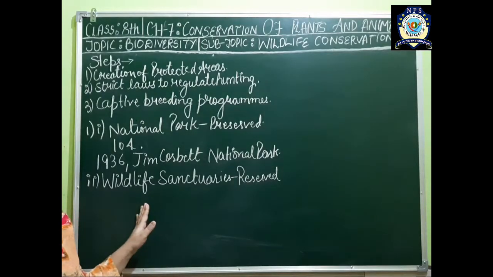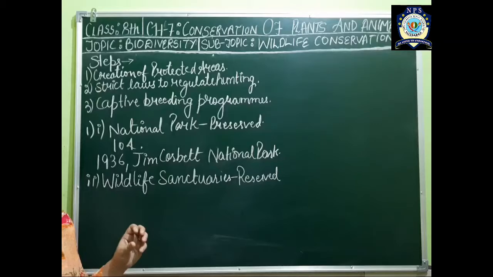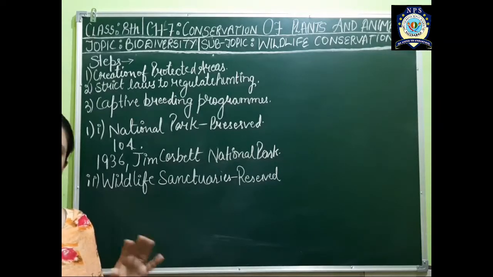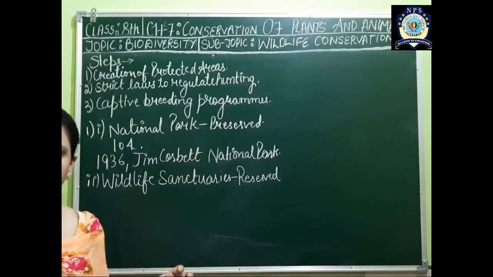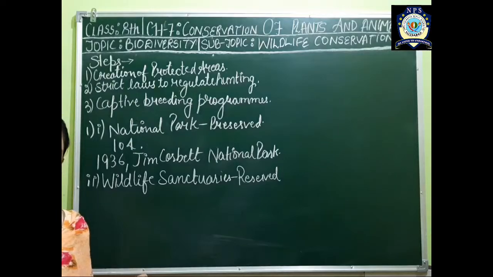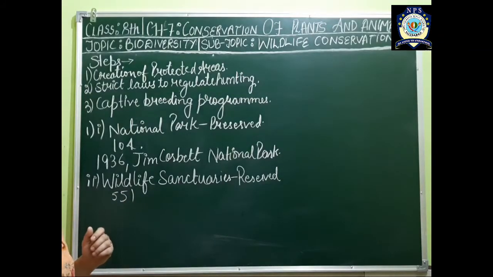Also, some human activities are allowed in it, especially with the help of private ownership rights. Some private agencies have a license to enter these areas and harvest timber and other forest products, but in an ordered manner, so that they do not harm the wildlife. According to the survey of 2019, India has 551 wildlife sanctuaries.